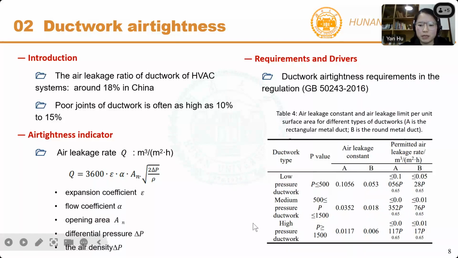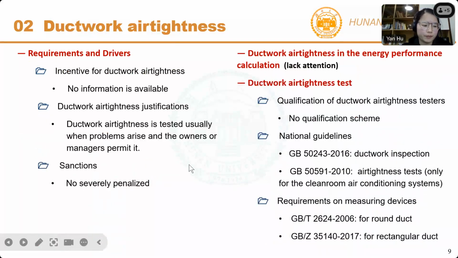And the table in this slide shows the air leakage constant and air leakage limit per unit surface area for different types of ductworks. No information is available about incentive for good airtightness of ductwork so far.